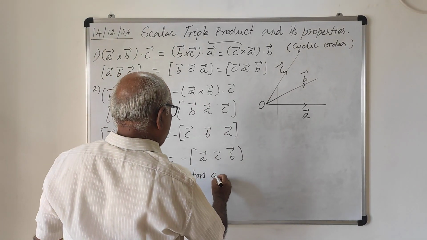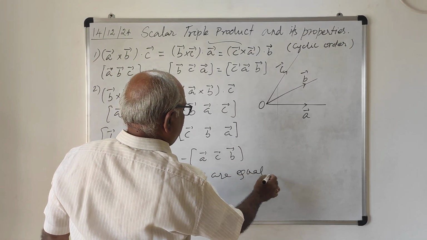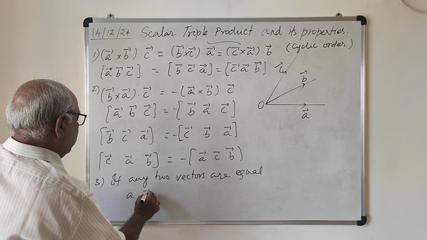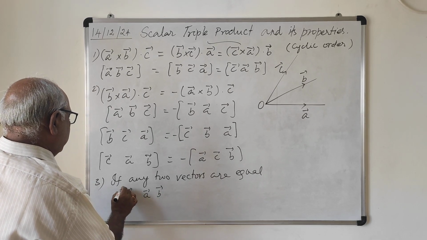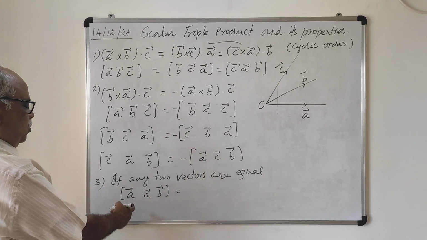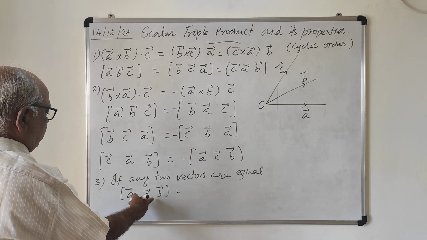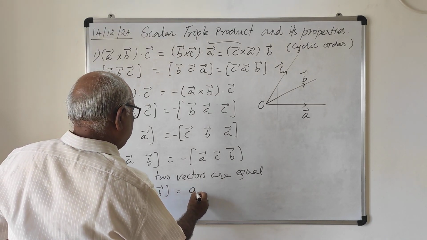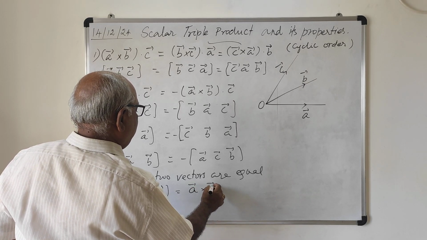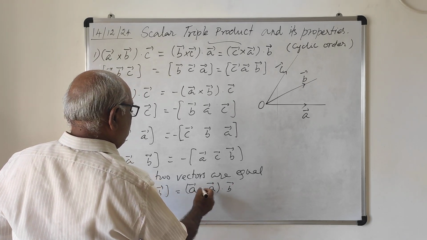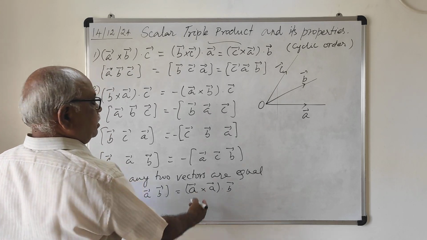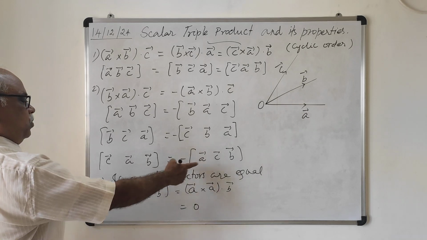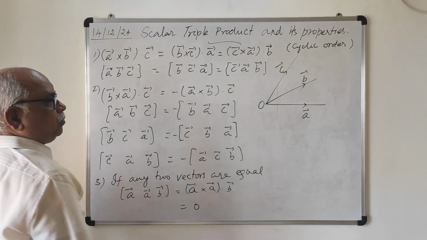Say A, A, B: box product A, A, B. Two vectors are A, and the third is B. You can write it as A cross A dot B. You know A cross A is the 0 vector, and 0 dot B is 0. So if any two vectors are equal, their box product is 0.